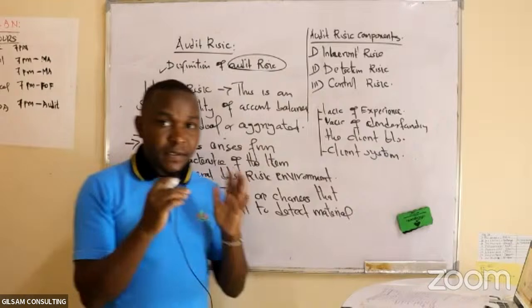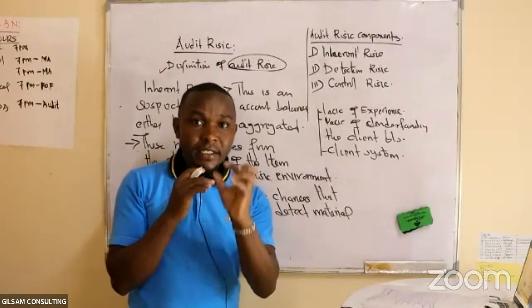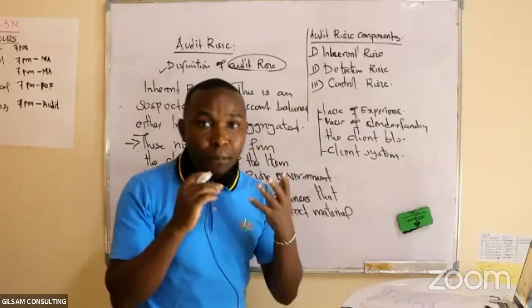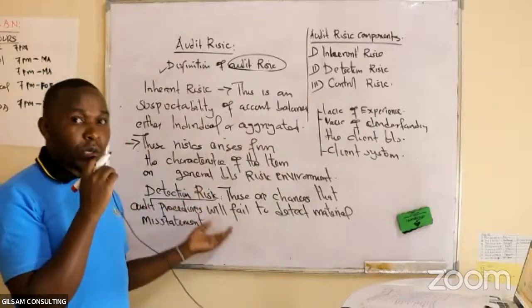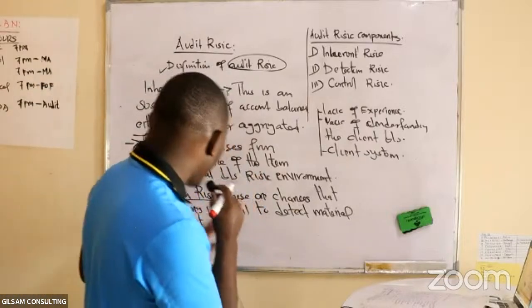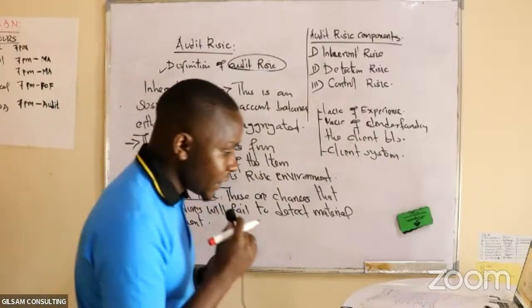For ERPs, there are more controls, which means the internal controls are strong compared to a person using QuickBooks, where there is not a lot of internal control. So your audit program will not be the same.